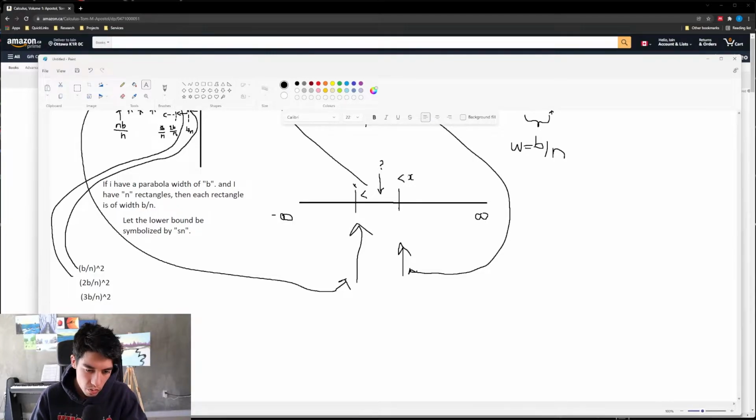And then we'll just repeat this a bunch of times: 3, dot, dot, dot, and eventually you have rectangle n minus 1.